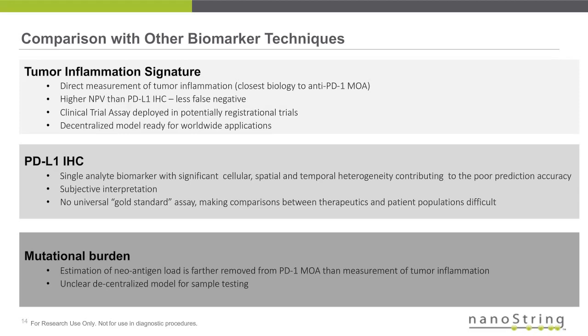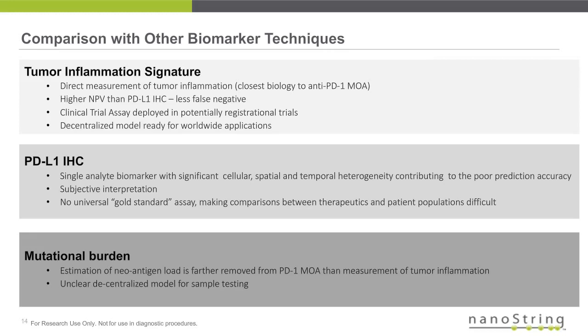It is regulated temporally. It is very dispersed in terms of the distribution that you see when you look at patient samples. And consequently, the PD-1 assay has very low predictive power in terms of identifying patients that will respond to checkpoint blockade.